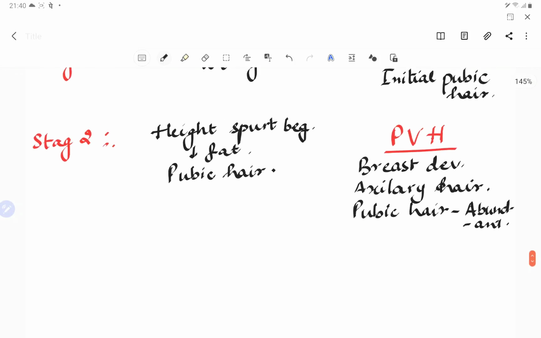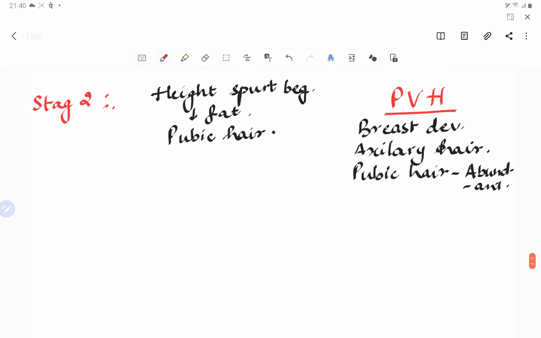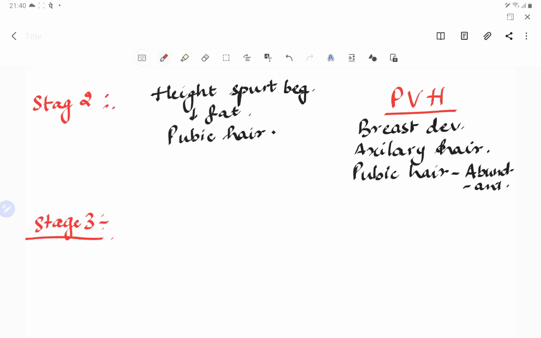So talking about stage 3, which is in the boys 8 to 12 months later, but in the girls 12 to 18 months later. In the boys it is peak velocity of height.